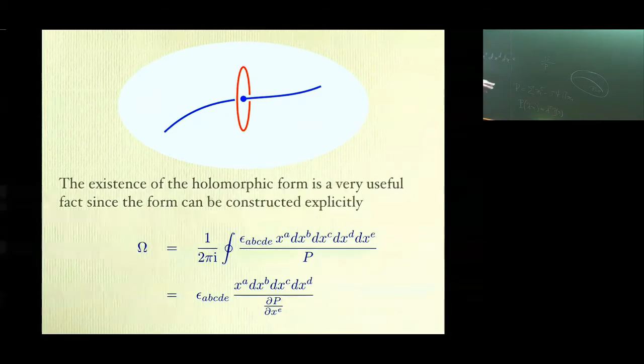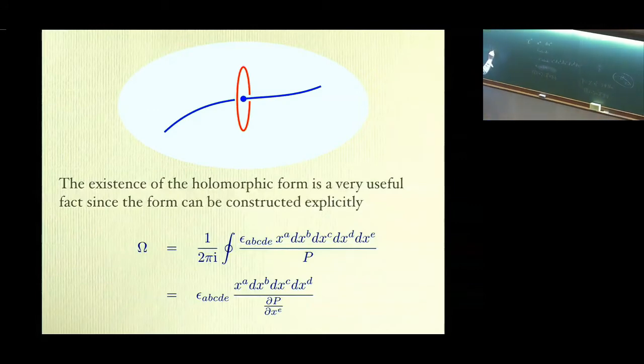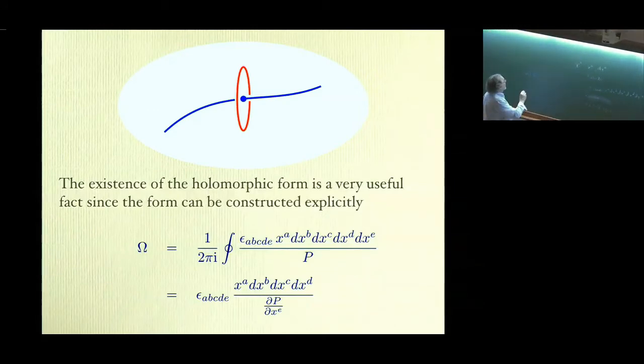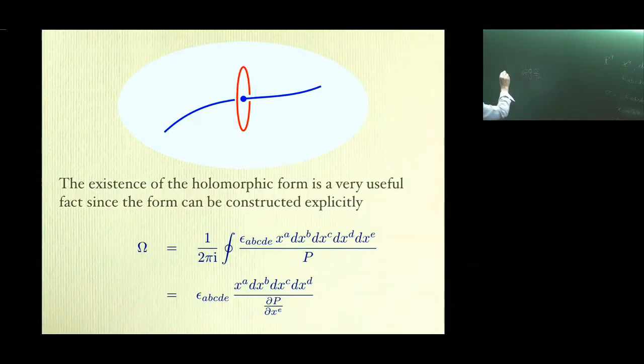So we have something which at least is defined on the space, because the lambda to the 5th on the top line cancels the lambda to the 5th on the bottom line. However, it has a pole where P equals 0. But that's not so bad. So now we take this object, sigma over P, we integrate out one of the coordinates, we have something which pretty obviously by construction is holomorphic.